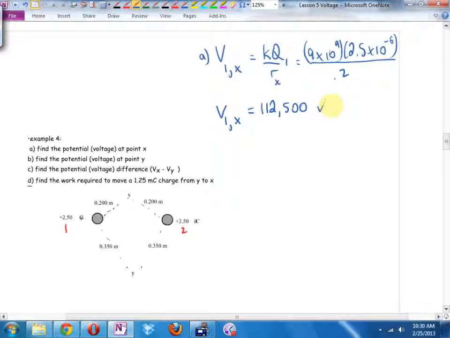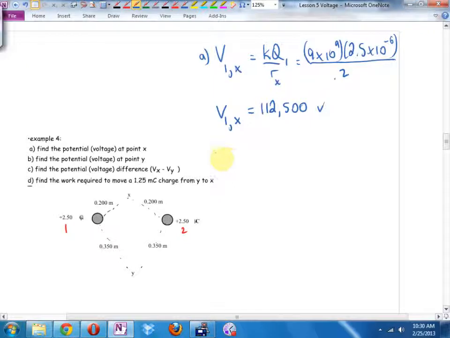Now that's not the total voltage at location X. Isn't there another charge in the diagram? What's the magnitude of the second charge compared to the first charge? The same? What's the distance of the second charge from location X compared to the first charge? The same?